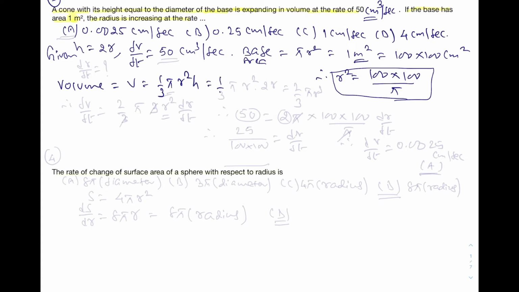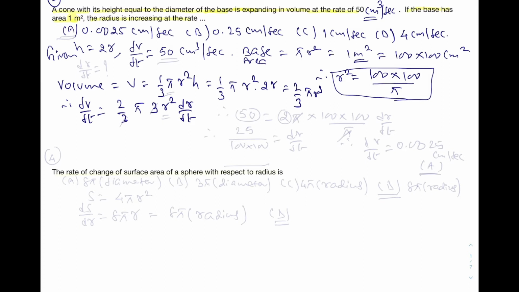So this is 1/3 pi r square into 2r, which equals 2/3 pi r cube, and therefore dV/dt equals 2/3 pi 3 r square dr/dt.